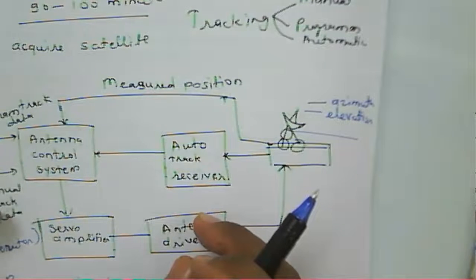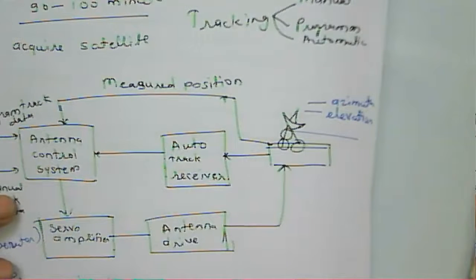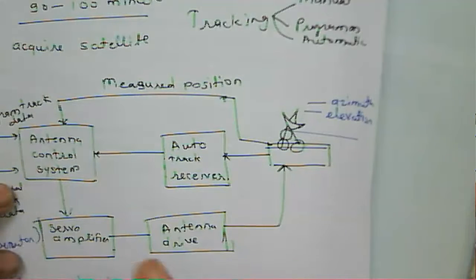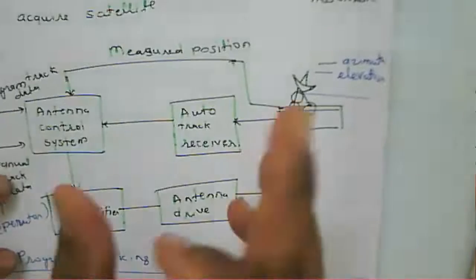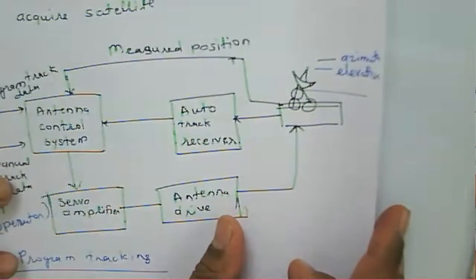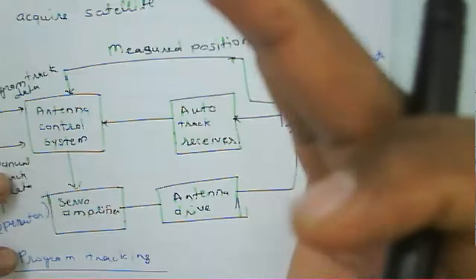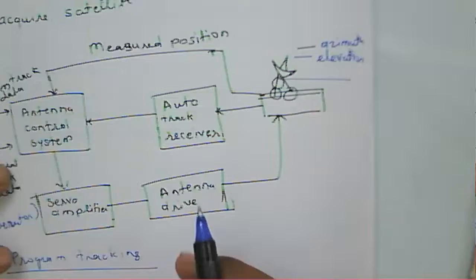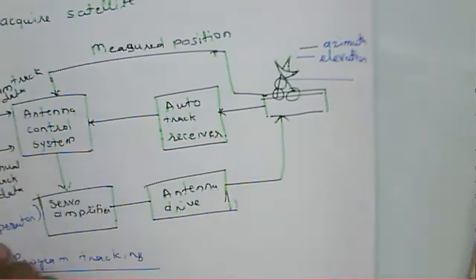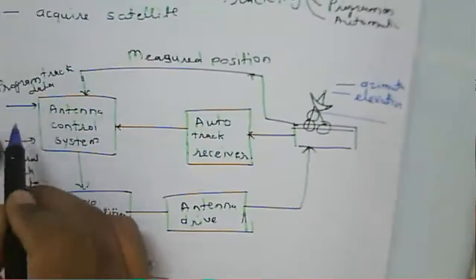That data is given to the antenna tracking system to track the satellite. That is about the program data that is to be fed here.